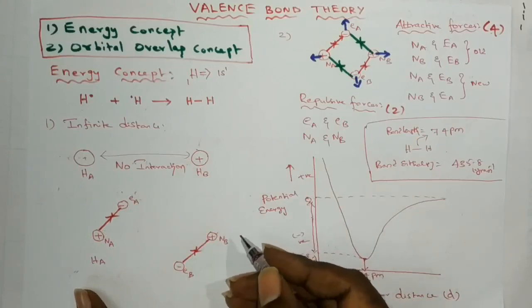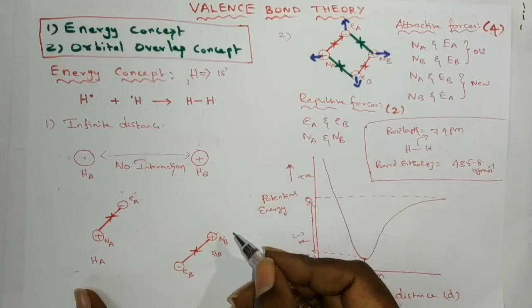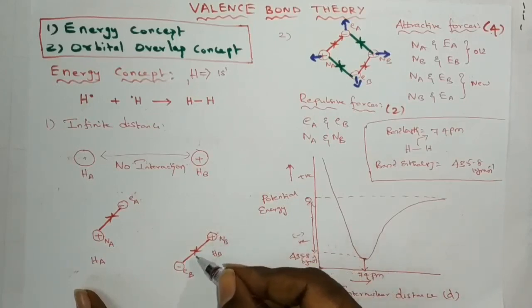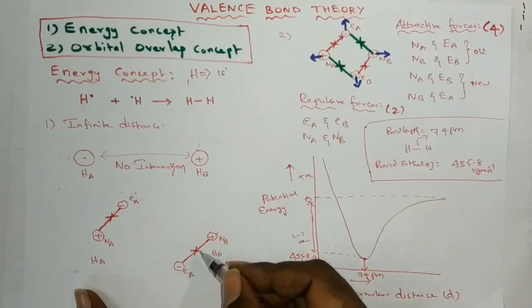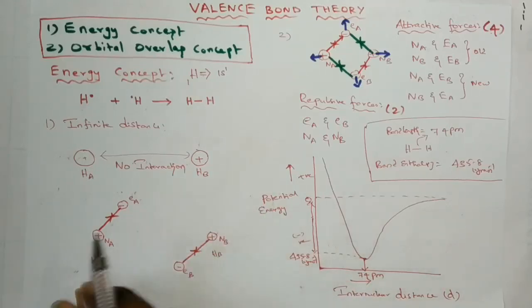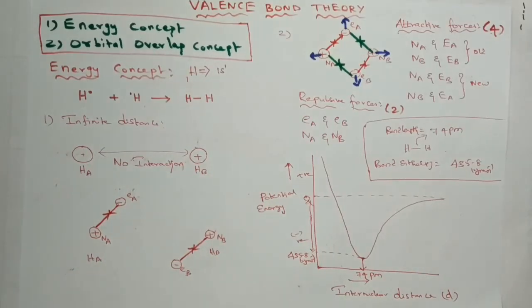Similarly, this is HB. There will be a force of attraction between the nucleus of hydrogen atom B and its own electron Eb. But there won't be any interaction between the two isolated atoms when they are infinitely distant from one another. Now, what happens when they begin to come closer?